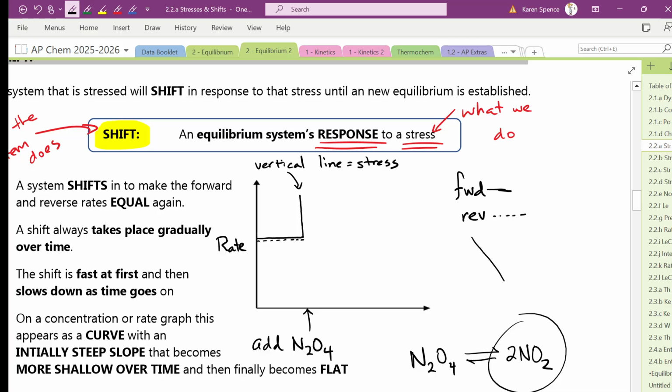What's it going to decrease like? Like that kind of thing, yeah? Okay, so it's going to go down in a curve. And what's going to happen to our reverse rate? It's going to increase. And it goes up in a curve until they meet somewhere in the middle.